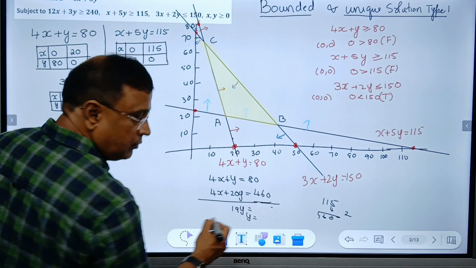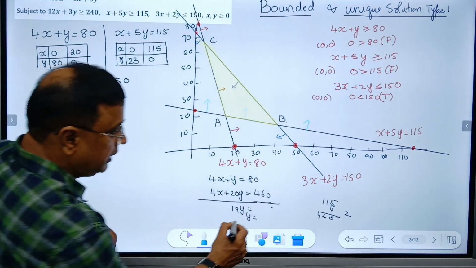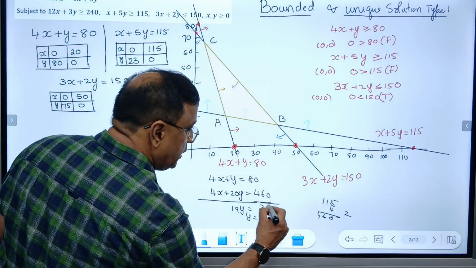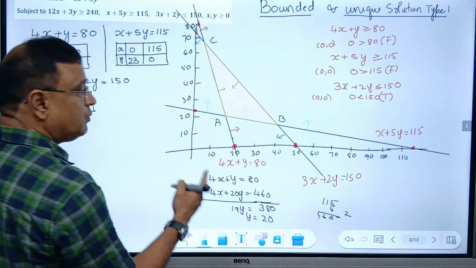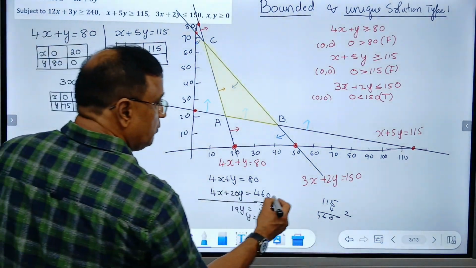So when you subtract it, you get 19y equal to 460 minus 80, which is 380. So y is 20.